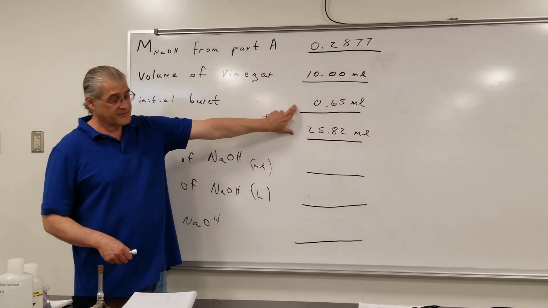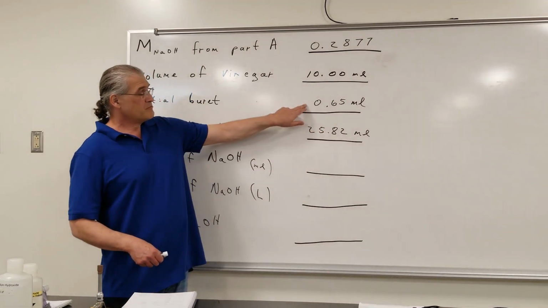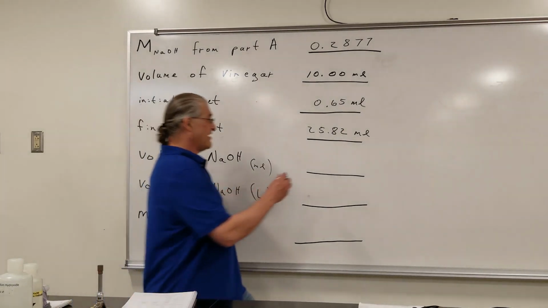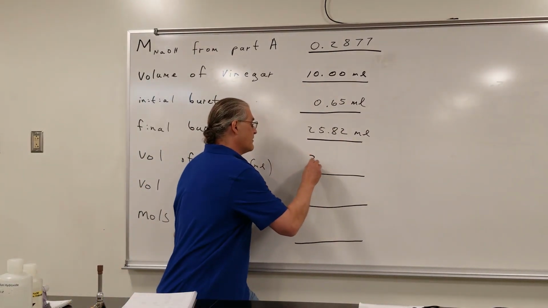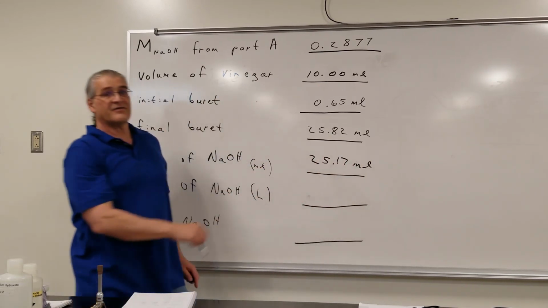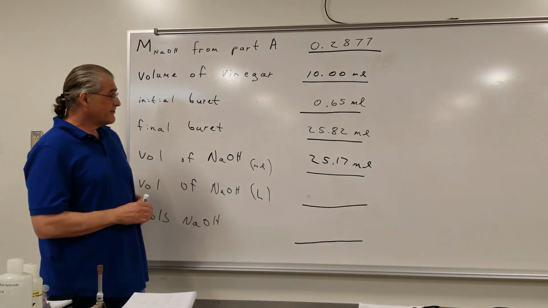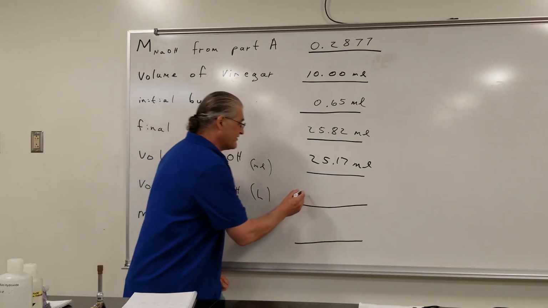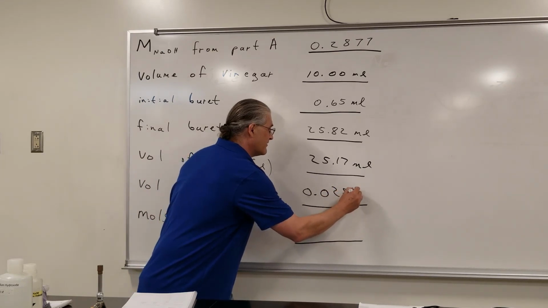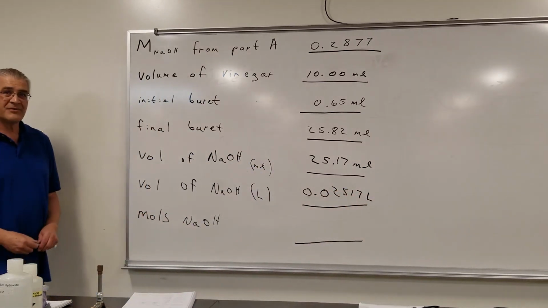So if you do subtraction, 25.82 minus 0.65, you'll end up with 25.17 milliliters. That's the volume of sodium hydroxide that came out of the burette. Now, converting that into liters, of course, gives us 0.02517 liters.